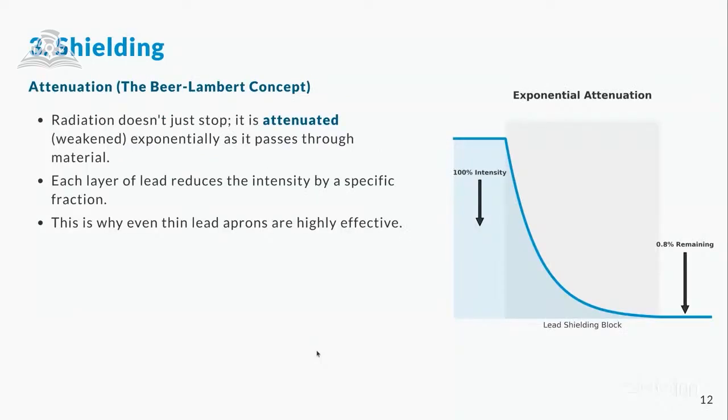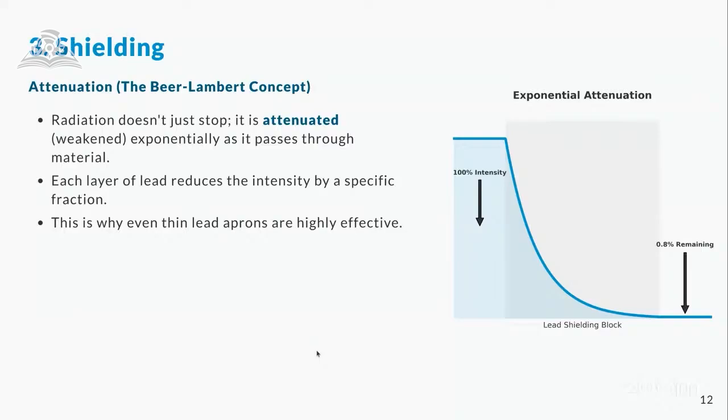Good news, shielding is very effective. There is the idea of attenuation, which means that the intensity drops significantly when you have a shield between you and the radiation. So radiation doesn't just stop. This is a physical quality of how the photons interact with matter, but it can be extremely weakened by a lot.